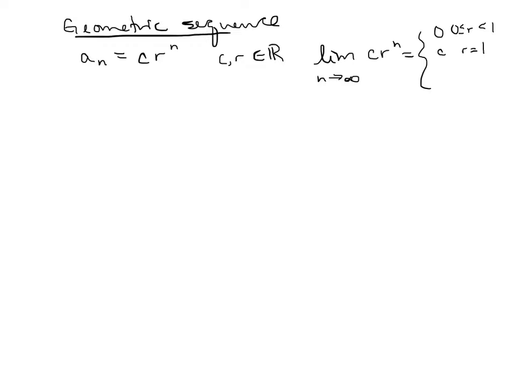And in the second to last example, where r was bigger than 1, we saw that that limit went to infinity, and so it diverged. All right, so these are just a special kind of sequence where you have a number raised to an nth power in your function.